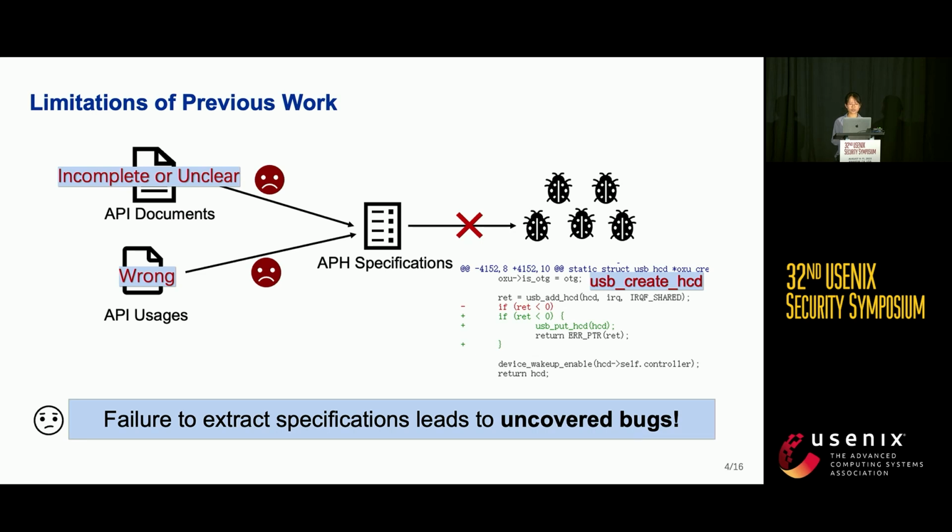Another approach is to infer specifications from API usage in source code. However, the usage might not always be correct. Without reliable specifications, detecting APH bugs becomes challenging. Given these problems, it's essential to explore alternative sources of APH specifications.